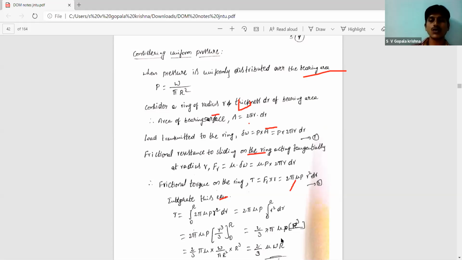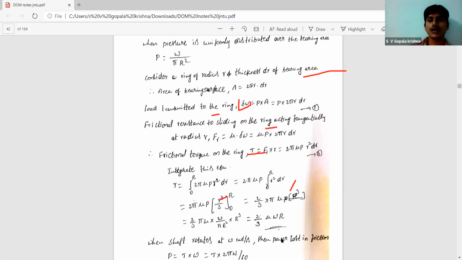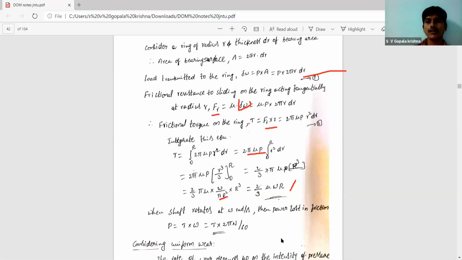When we integrate, we get the total frictional torque of the pivot bearing, that is 2/3 mu W R. From this frictional torque, we can also calculate the power: P equals 2 pi N T by 60.